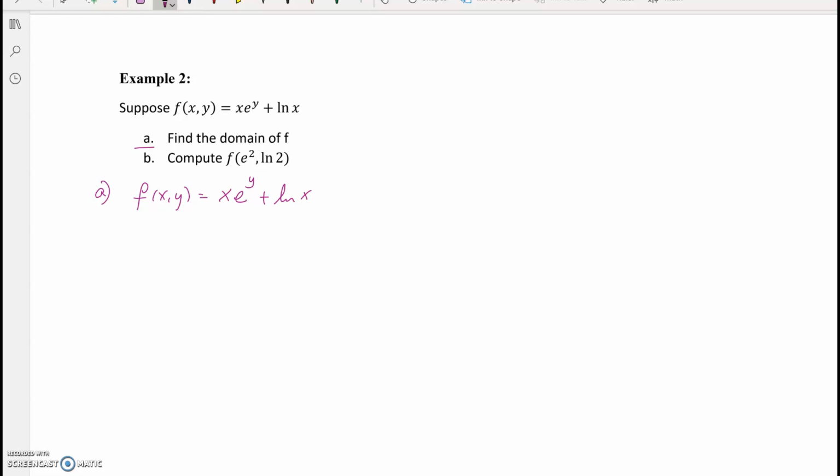So for ln of x, we do need to make sure that x has to be greater than 0.